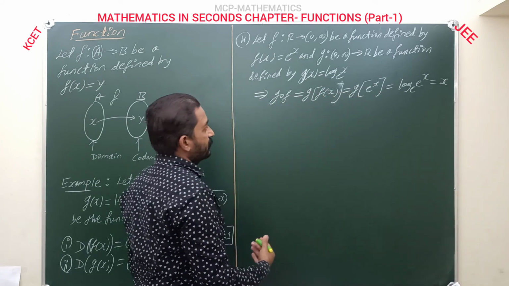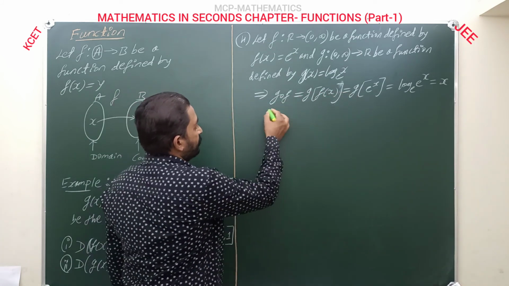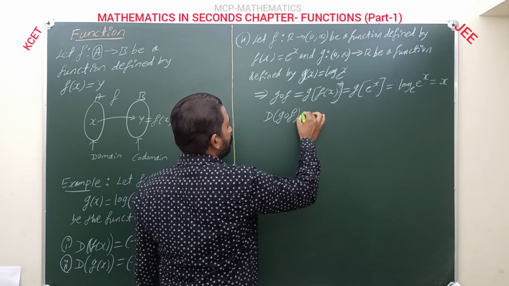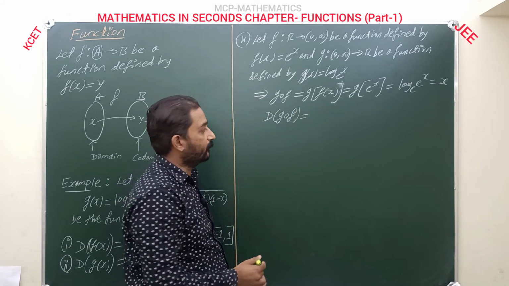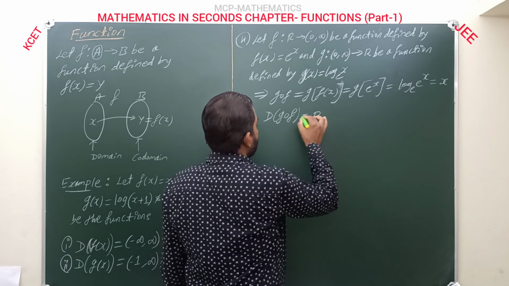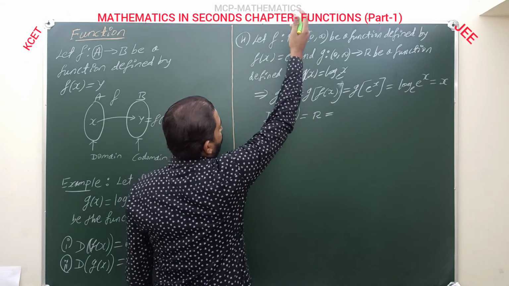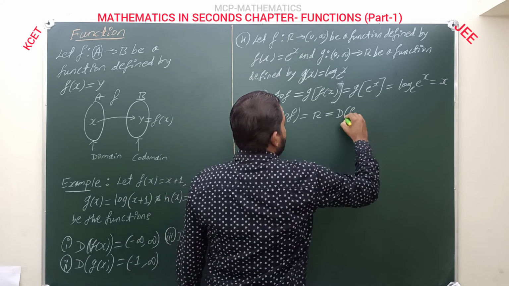So this is the identity function. What is the domain of this identity function? For g composition f, the domain is the real numbers, as is already well known. So it is equal to the domain of f. This is the formula.